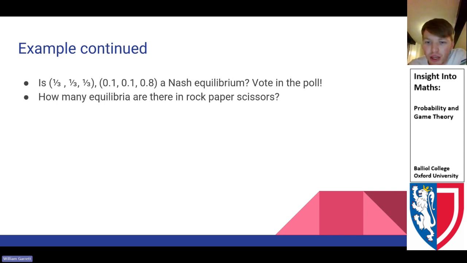So do people want to have a think about this and type in chat for rock, paper, scissors? If any two outcomes are the same, isn't it a Nash equilibrium? It isn't a Nash equilibrium. Sorry, John, can you explain a bit more what you mean? If any two probabilities are the same, it isn't a Nash equilibrium.